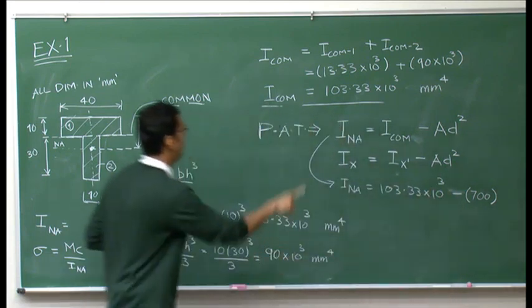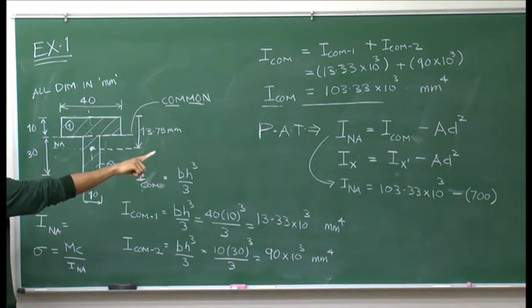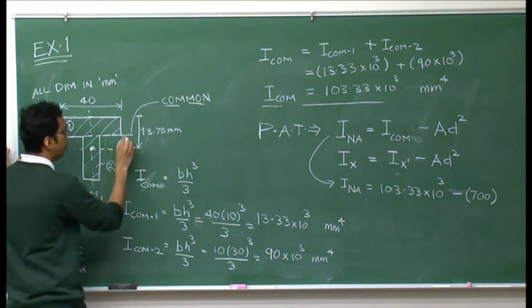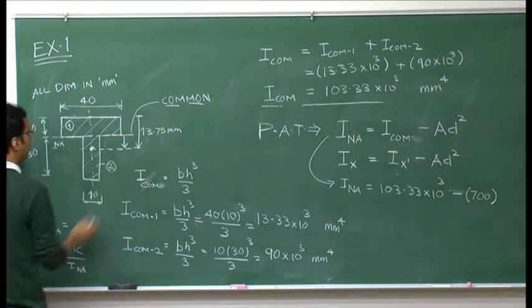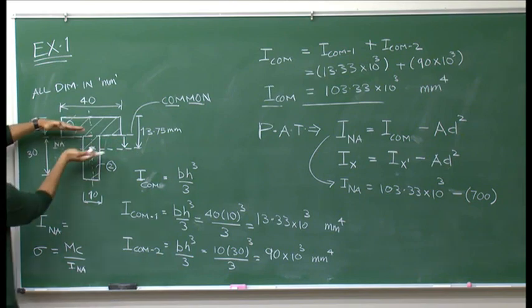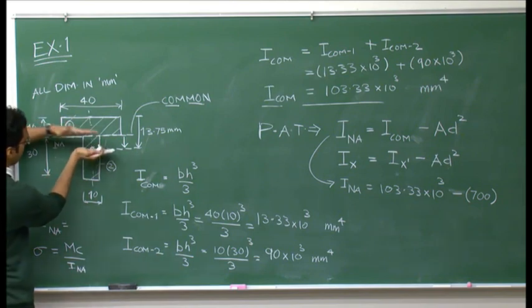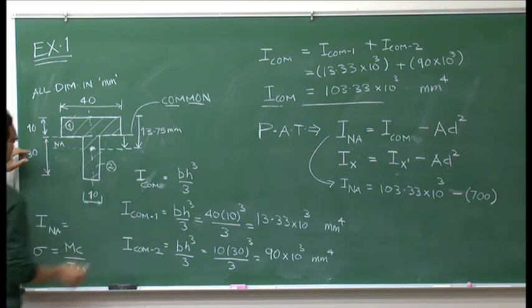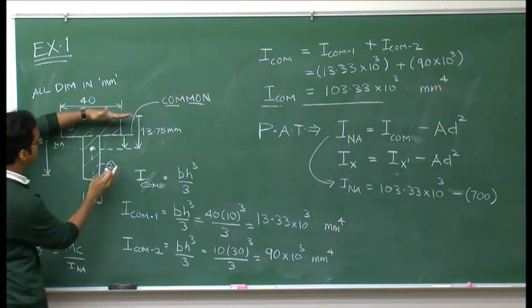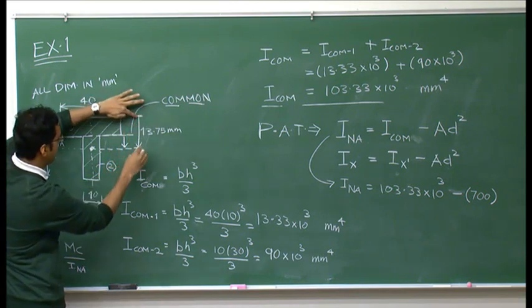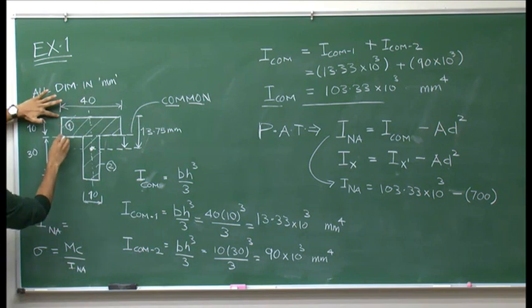Into d square. The d, as I mentioned earlier, is the transfer term, which is basically the distance between the two parallel axes. We are considering the neutral axis and this common edge here, and from this point here, this is 13, and from the same point, this is 10.